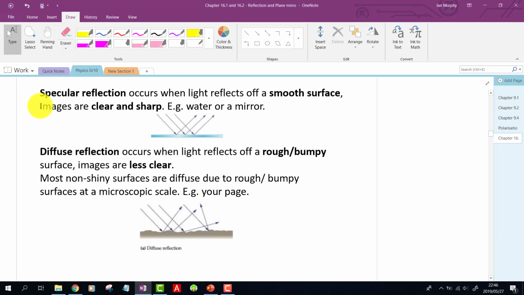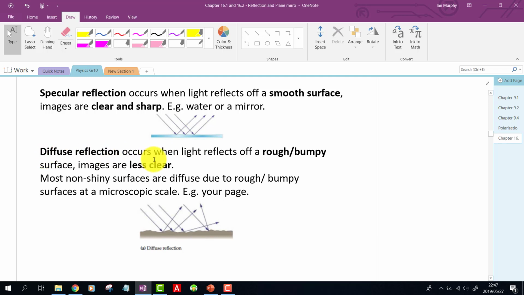Next we get two types of reflection, specular reflection and diffuse reflection. Specular reflection occurs when light reflects off a smooth surface, and this gives a clear and sharp image. For example, a mirror is a smooth surface, or like a very smooth metal, any surface that is nice and smooth.